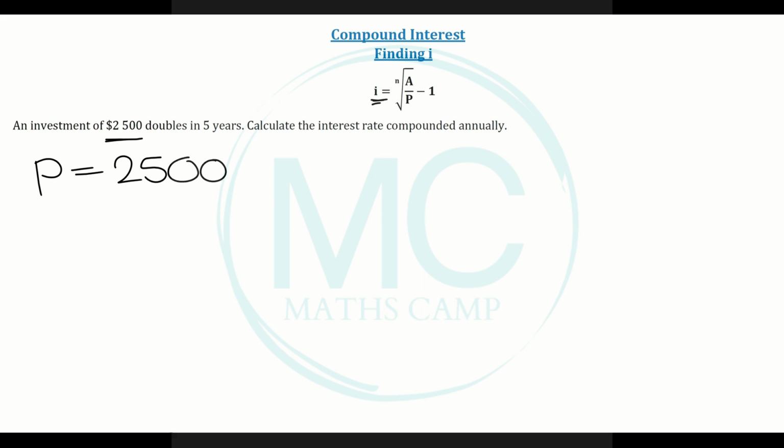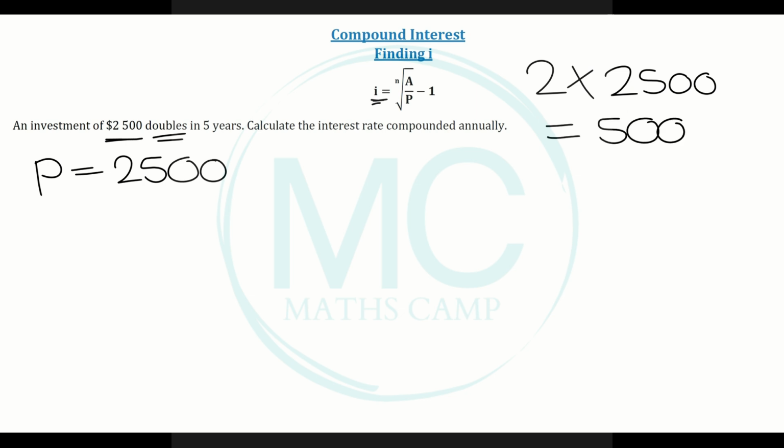The amount doubles after 5 years. So to find our accumulated amount, we say 2 multiplied by 2,500, and we get 5,000. This is the amount after the investment. So we can say A is equal to 5,000. The investment runs for 5 years, so n is equal to 5.